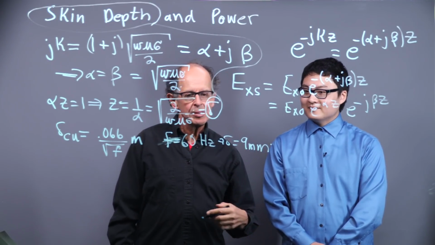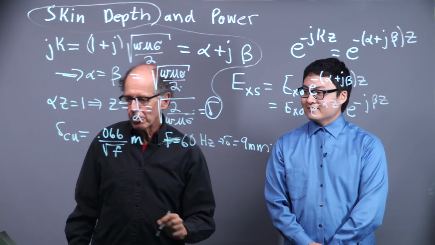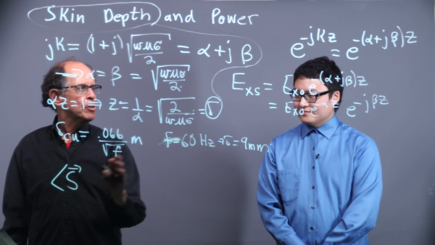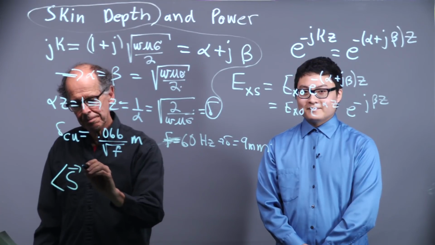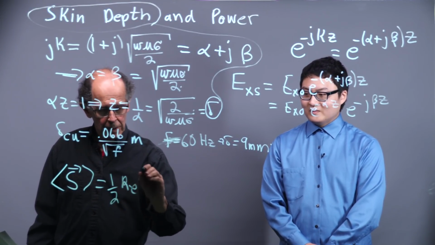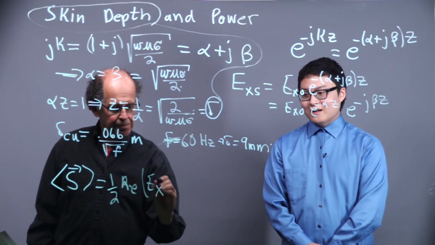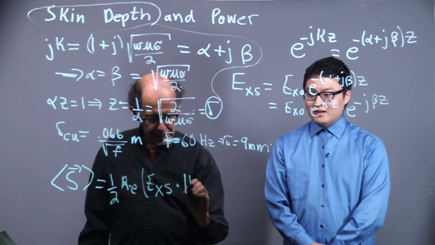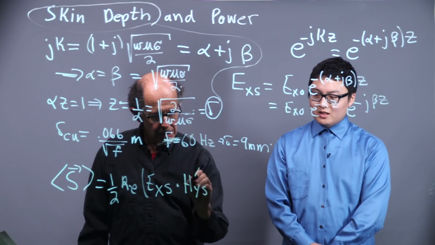To get the time average power going in the z direction, it's 1/2 the real part of Exs multiplied by Hys conjugated.